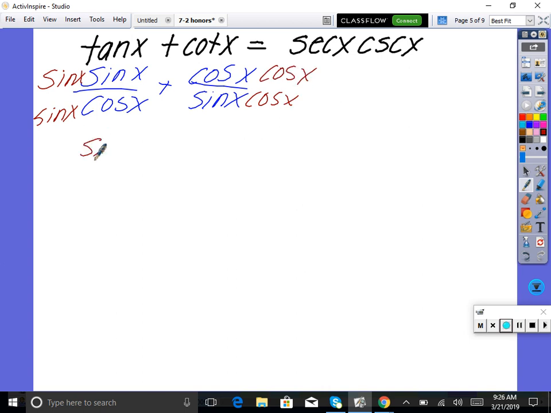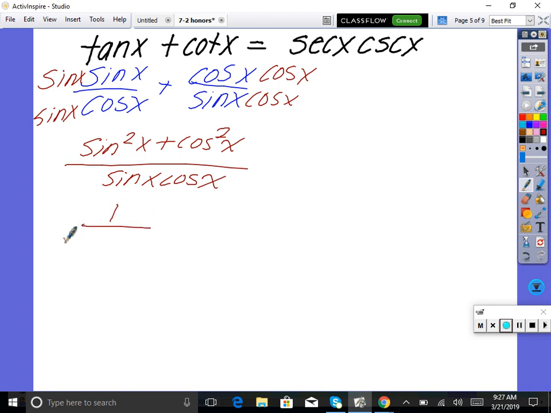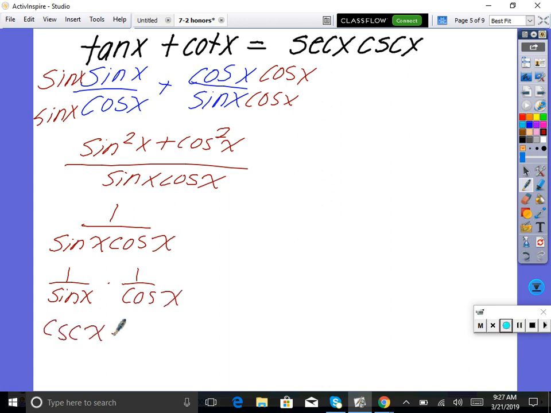So then we would have sine squared x plus cosine squared x over sine x cosine x. So 1 over sine x cosine x. Good, 1 over sine of x times 1 over cosine of x would be secant times cosecant. Okay, good. You guys are doing really good.